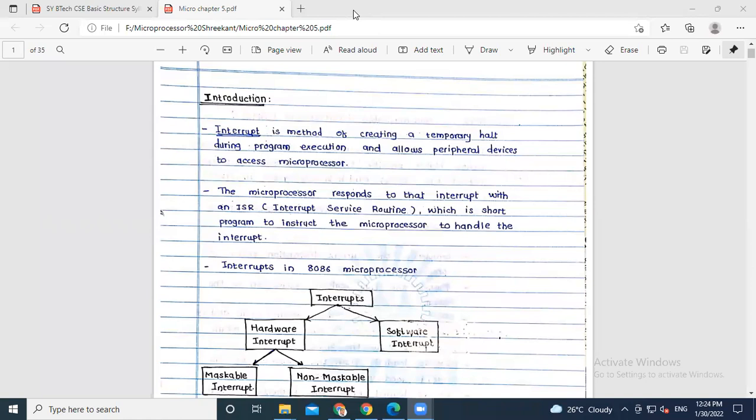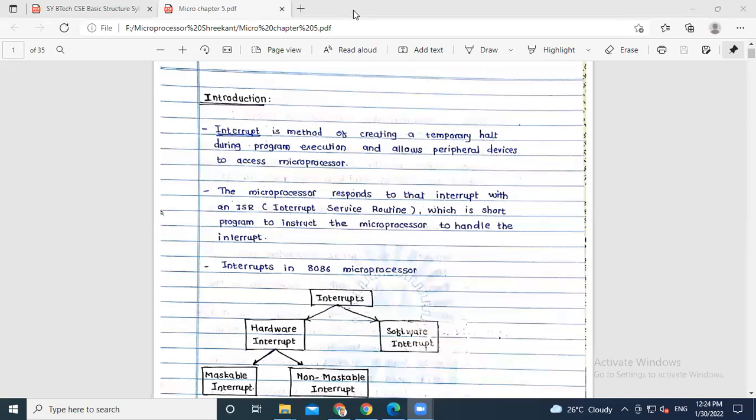When some abnormal condition happens, the program would normally terminate, but interrupts help the program continue executing without termination, with peripheral devices accessing the microprocessor.